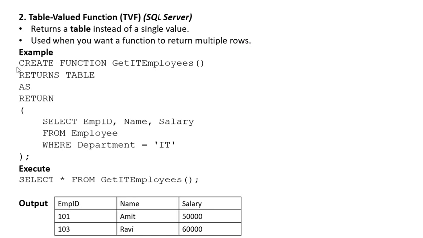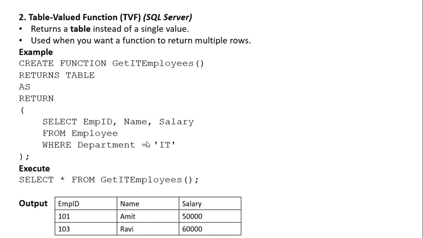In the example, CREATE FUNCTION with the name get_IT_employees, RETURNS TABLE AS RETURN with a subquery: SELECT employee ID, name, salary FROM employee WHERE department equals 'IT'.